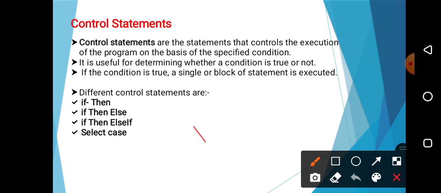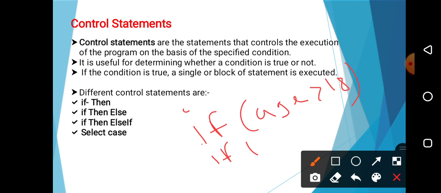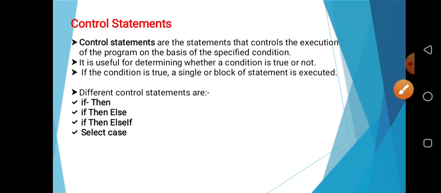We check the condition: if age is greater than 18, then the person is an adult. If marks are greater than 40, then the student is pass. If A is greater than B, then A is greater. So here we are checking conditions, and for that we have control statements in VB.NET also.